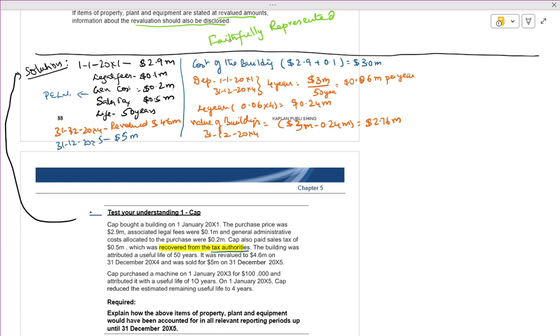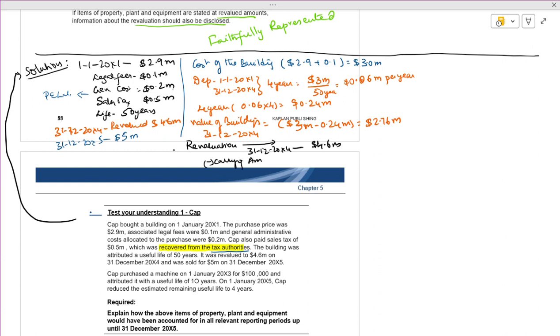Now, there is a revaluation. There is a revaluation that has taken place. How much is the revaluation price? What they have mentioned? The revalued amount is how much? 4.6 as at 31/12/2004. Is it right? Carrying amount is how much?